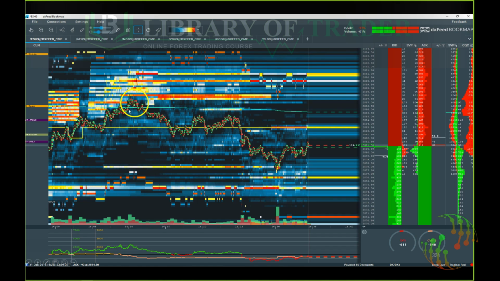When all this comes together, you have exhaustion, VWAP, liquidity above. It's a great help to understand what is happening and what to trade if you want to trade that.